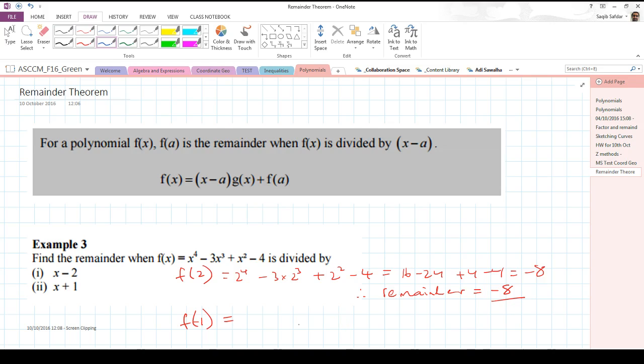Nearly. What do you get? Anyone? 1. Okay, f of minus 1 gives us 1. Therefore, the remainder equals 1.